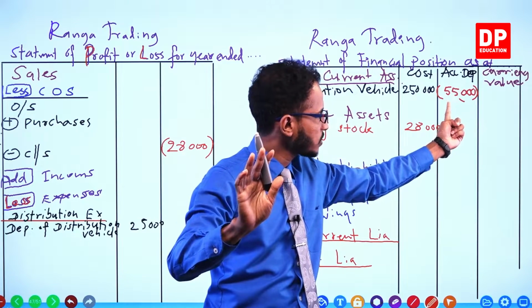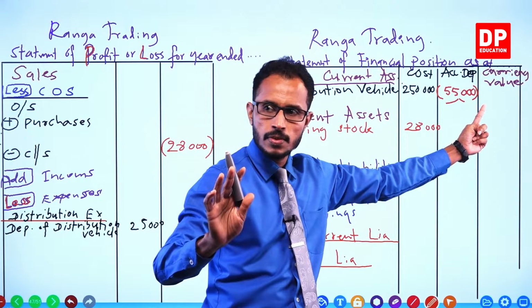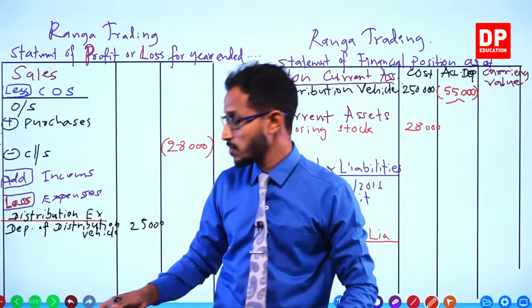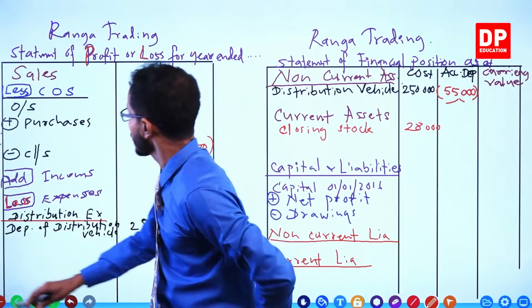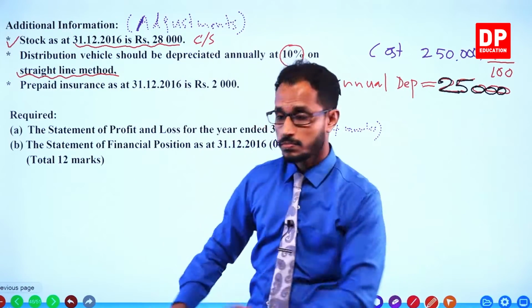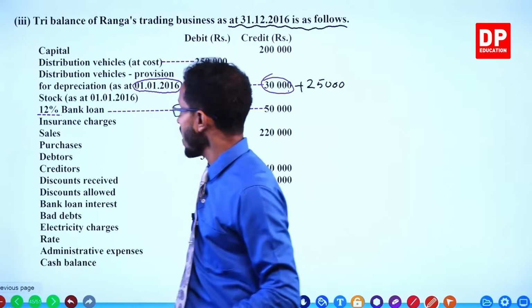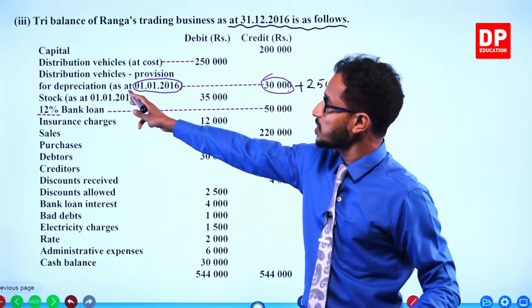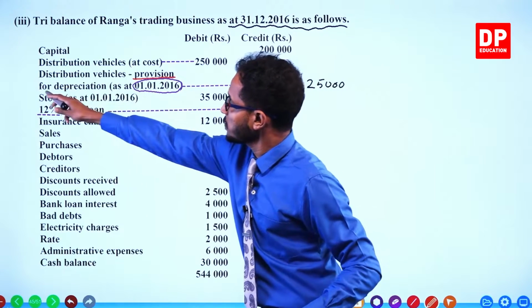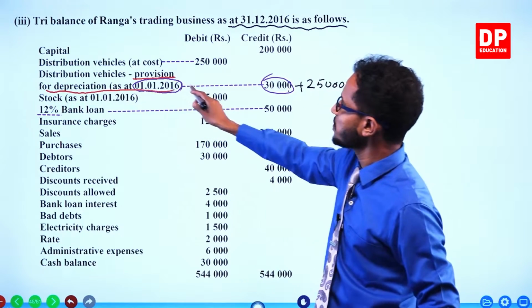You are asking how this came? 55. With the annual depreciation 25, we have to add the provision for depreciation, which is given here, 30.